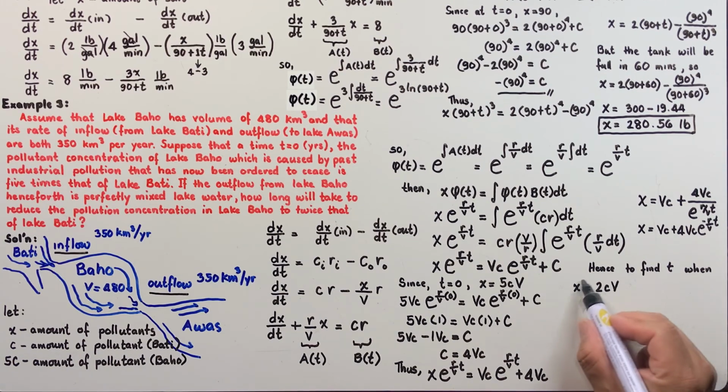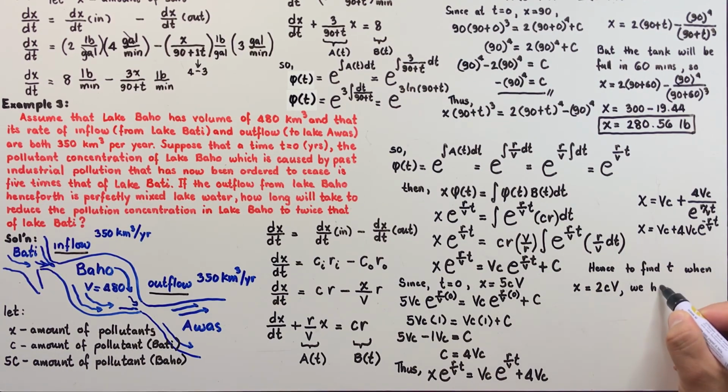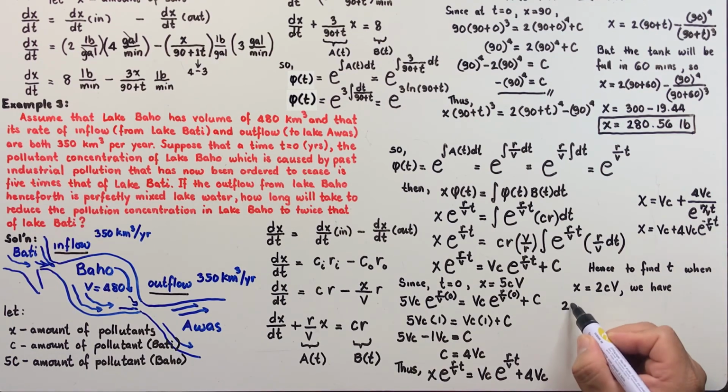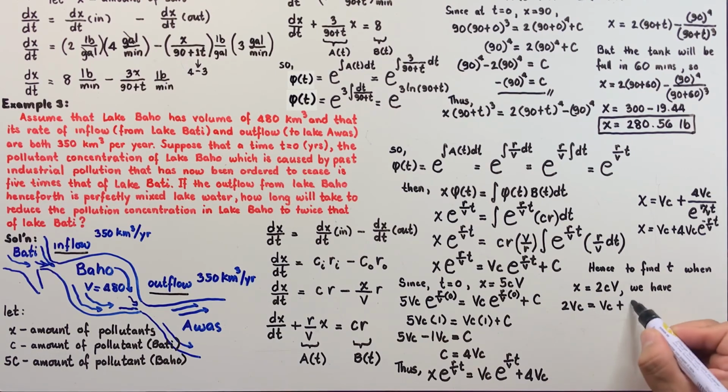So substituting this one to this equation here, we have 2VC, which is equal to VC plus 4VC times e to the power of negative r over Vt.